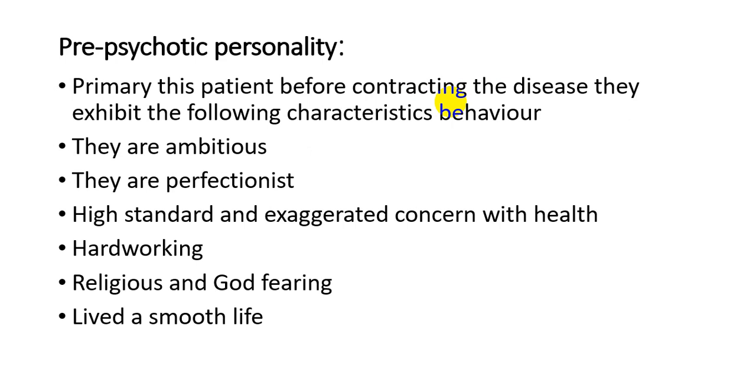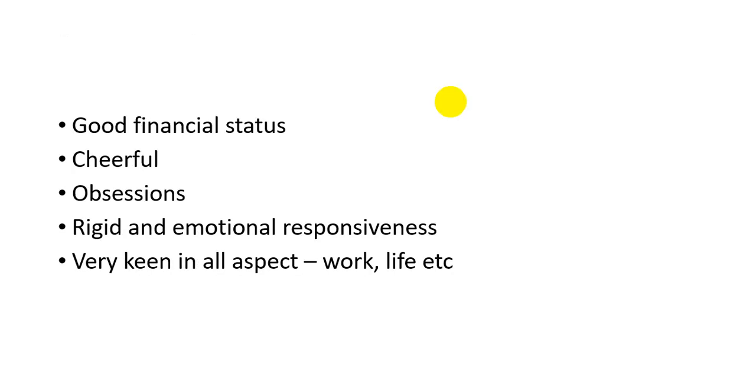Previously they had ambitions, they are perfectionists, they had high standards and anxious concern with their health, they are hardworking, religious and God-fearing, lived a smooth life, had a good financial status, careful, with obsessions, rigid and limited emotional responsiveness, and were very keen in all aspects during work life and other things.